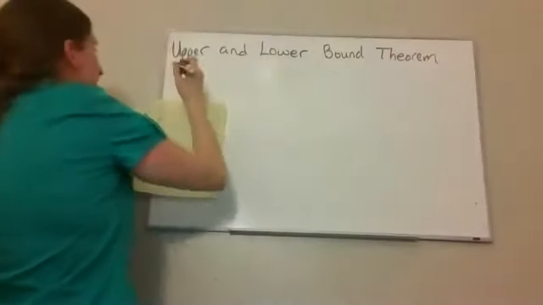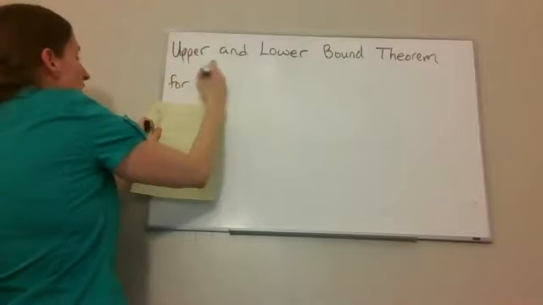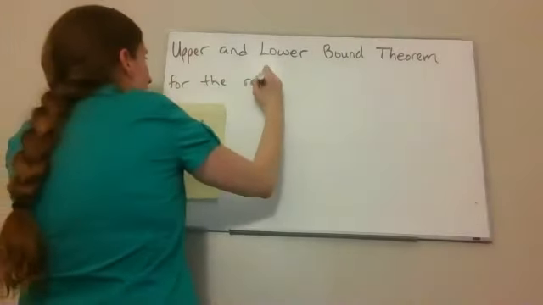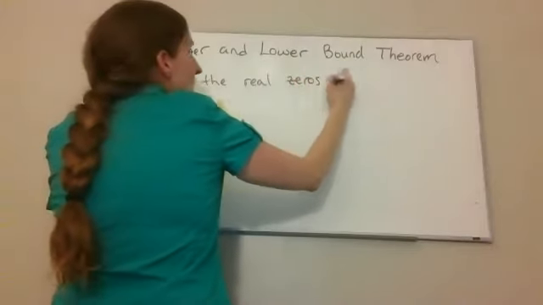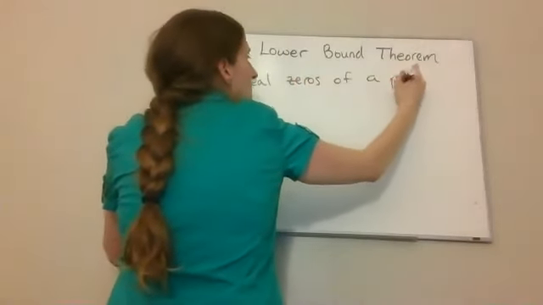So, the upper and lower bound theorem for the real zeros of a polynomial.